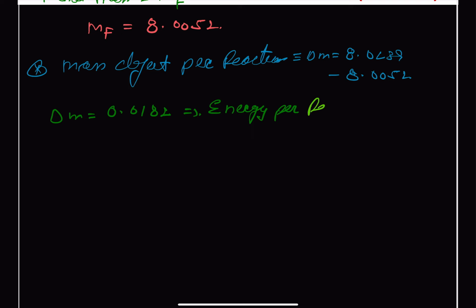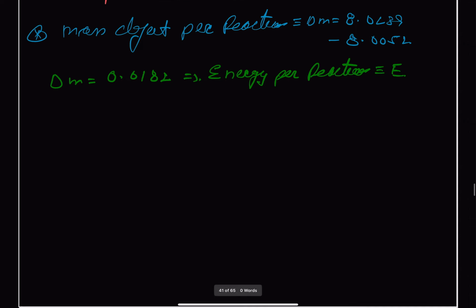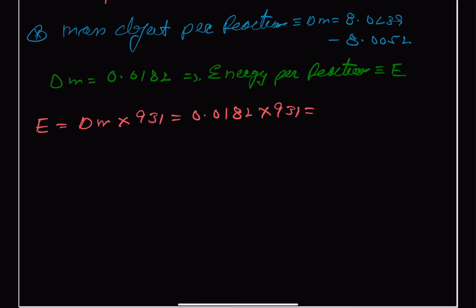Let us call this E, and then this E will be equal to our delta M multiplied by 931, which is 0.0182 multiplied by 931, and this will be coming as 17.4097 mega electron volt.